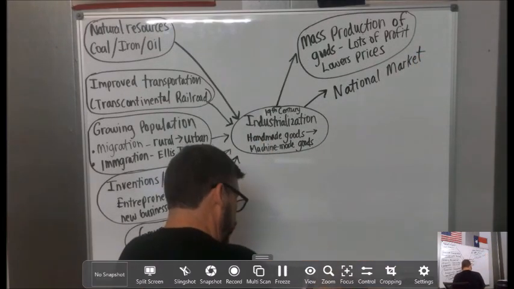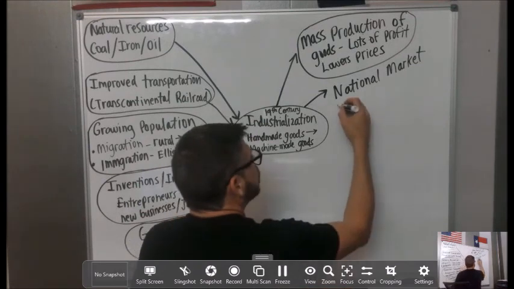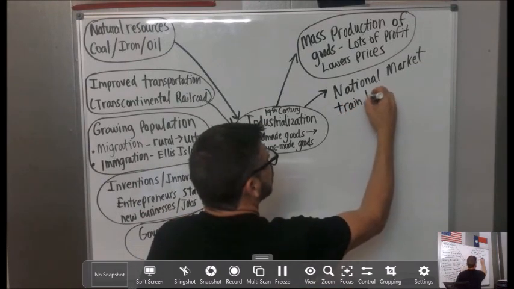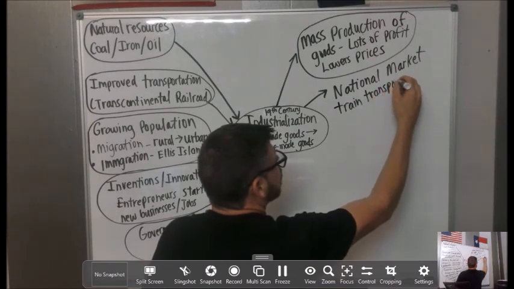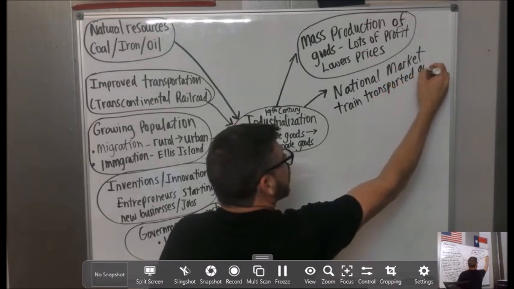Okay, so the international market: trains transported goods from coast to coast.